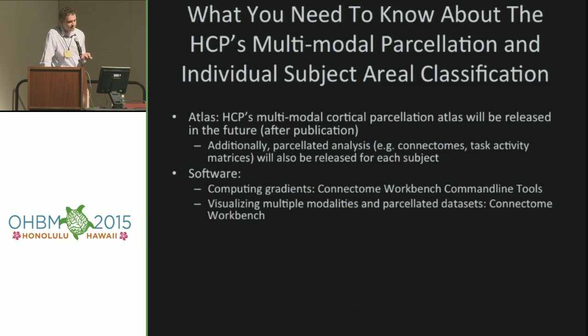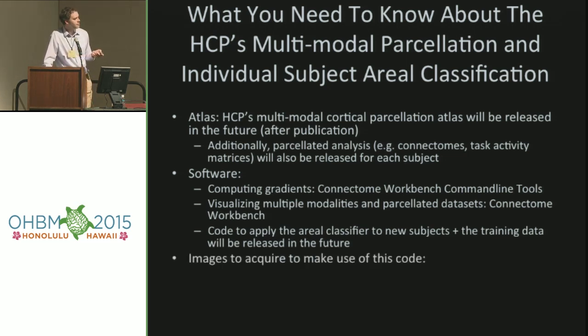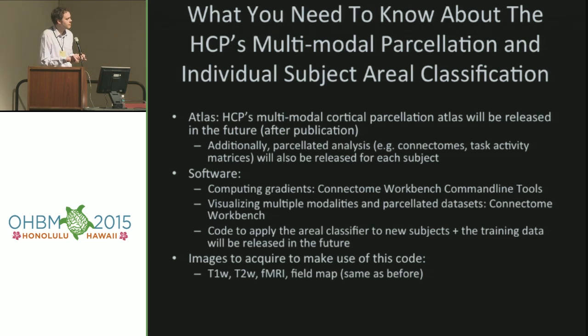You can visualize multiple modalities and parcellated data sets very easily with Connectome Workbench. And the code to apply the areal classifier to new subjects, your own data, and the training data will be released in the future. And again, the images you'll need to acquire to make use of this process are the same T1, T2, fMRI and field map.